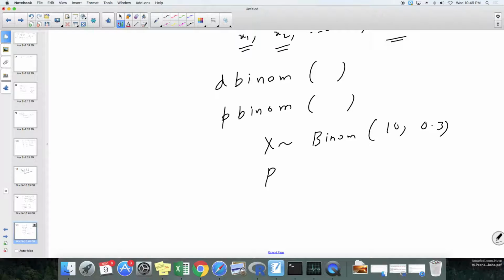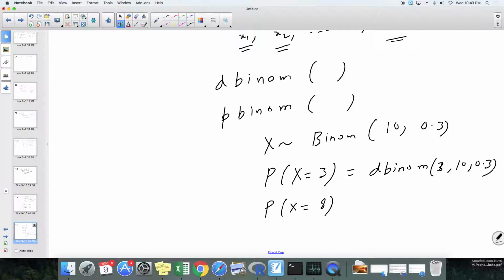Suppose I want to find the probability X equals 3, then I'll just say dbinom(3, 10, 0.3). If I want to find the probability X equals, suppose 8, I'll do dbinom(8, 10, 0.3). Let's actually do that.